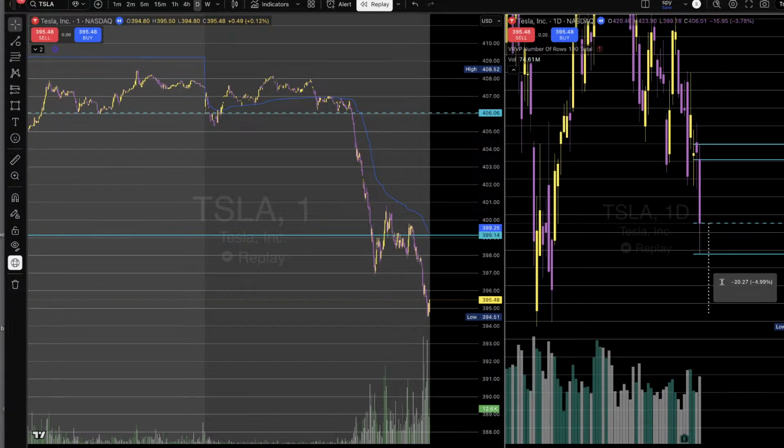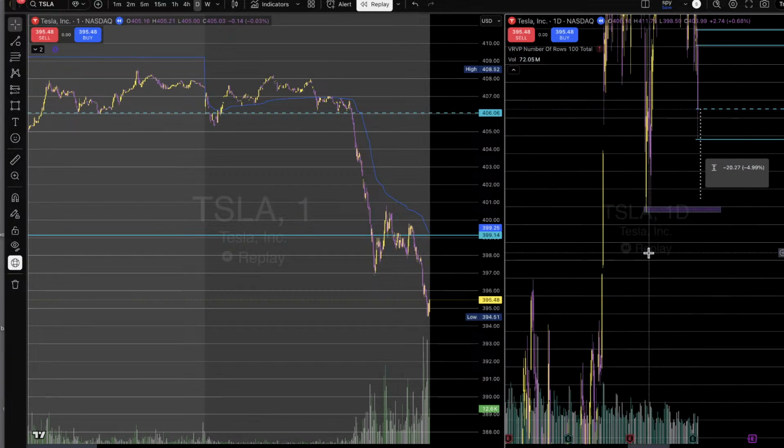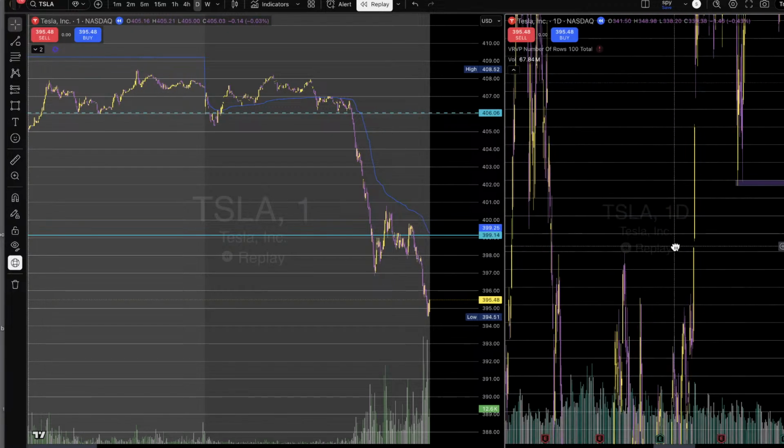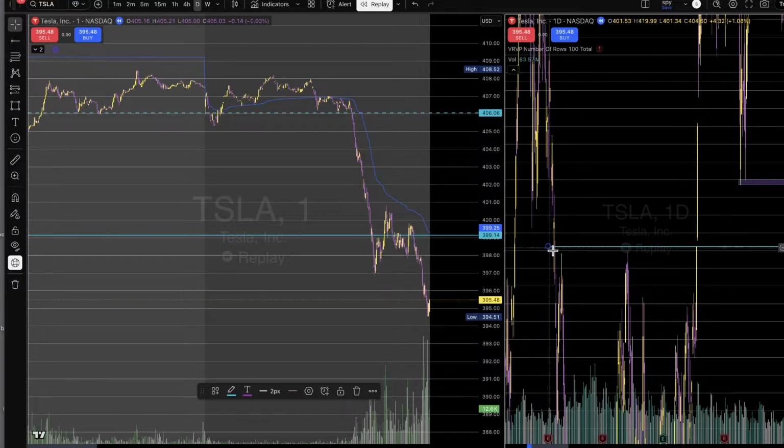And guess what? Yes, this area right here is definitely achievable. Definitely a place where it could bounce. Also, definitely a place where it could just sink through like butter. Maybe the next day, stuff like that, you know.